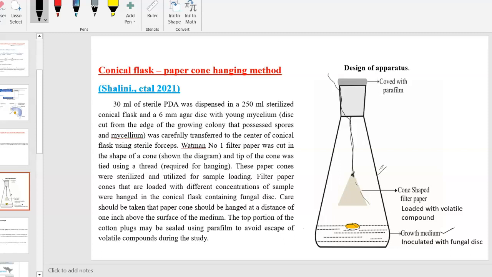Once the fungal disc is inoculated and the paper is hanged inside the conical flask, you need to cover the top portion of this apparatus with a parafilm, so that covering with parafilm is going to prevent the escape of any amount of volatile compound from this apparatus, right?